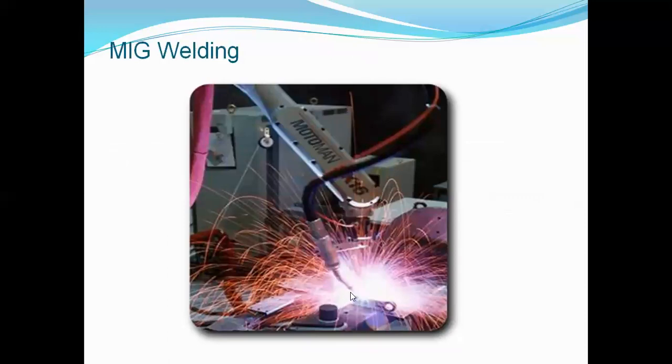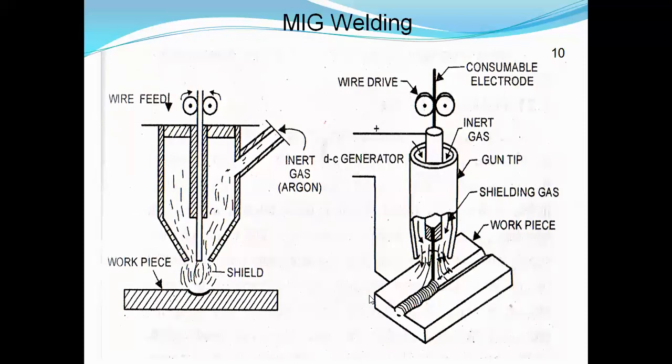So continuous wire is coming from the electrode and the welding process is done. In MIG welding, these rollers are used for feeding this wire. Here we are not using any separate filler material. The wire itself is the consumable electrode.